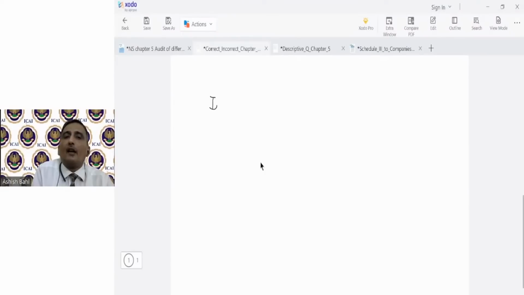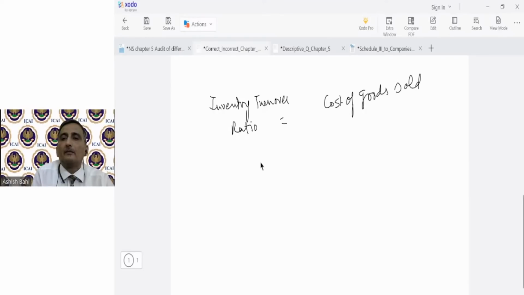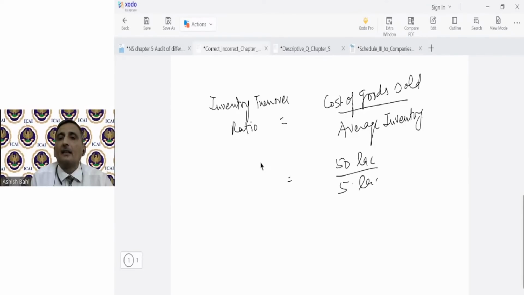So inventory turnover ratio means it is calculated by cost of goods sold upon average inventory. So if cost of goods sold is say 50 lakhs and average inventory is say 5 lakhs, then inventory turnover ratio is 10.